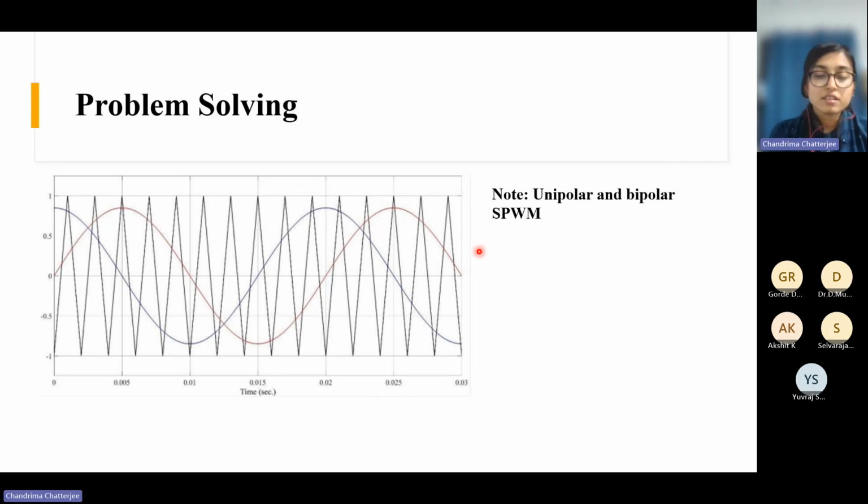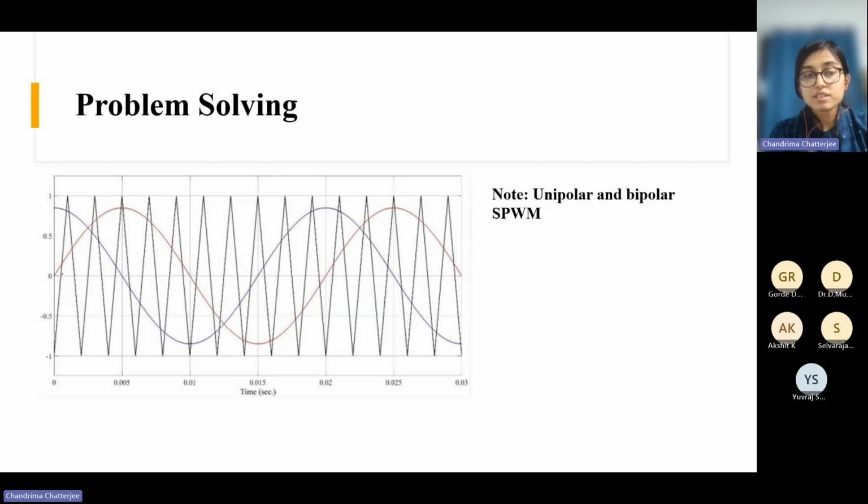So you see here. So we can see any instances. Then you just observe this intersection point.